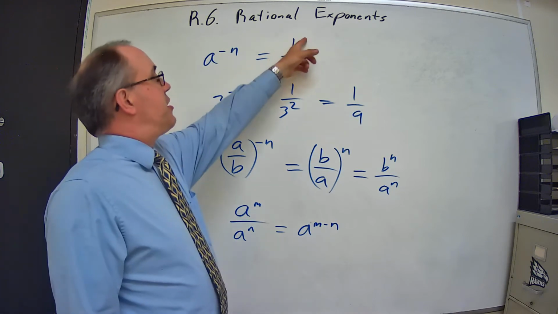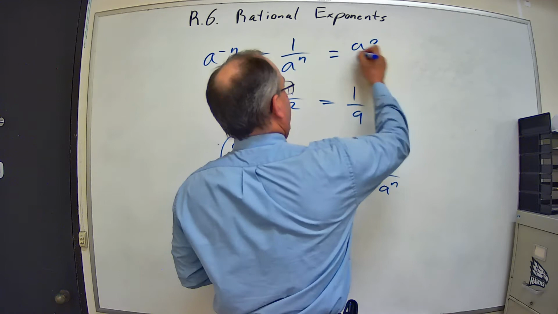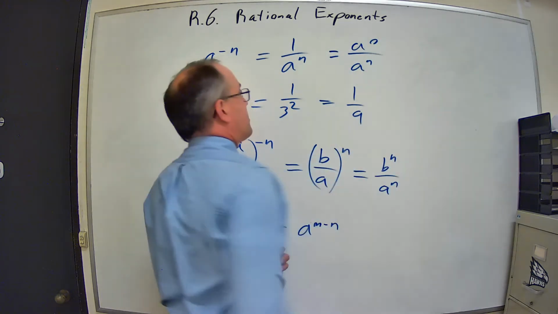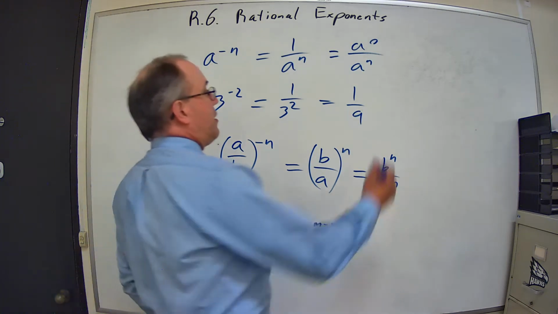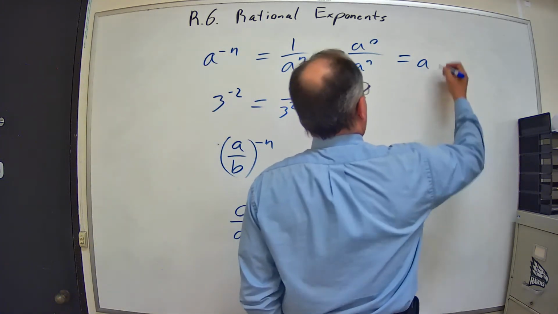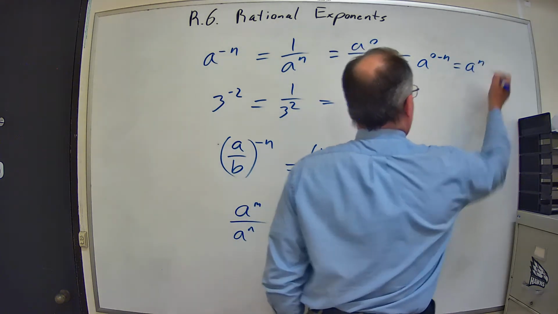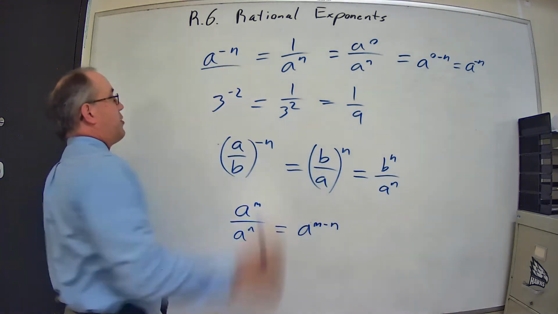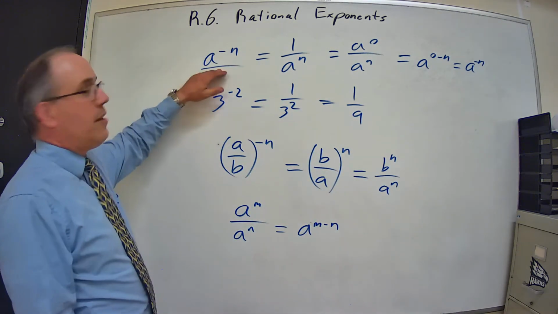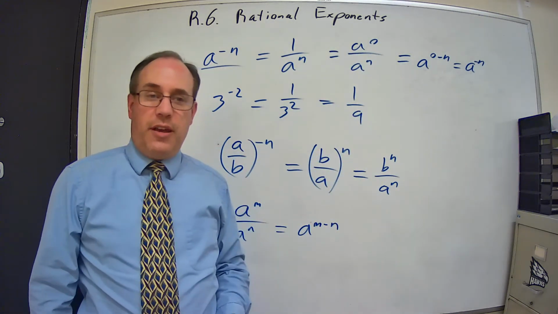So a to the 0 divided by a to the n is the same thing. Any number raised to the 0th power is 1. That's equal to a to the 0 minus n, or a to the negative n. Sorry, I left off my negative. So that's really what's happening there.